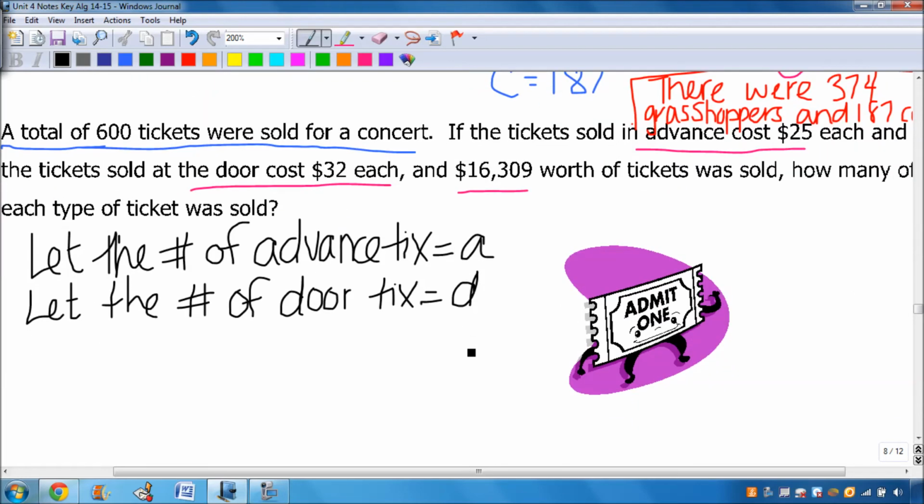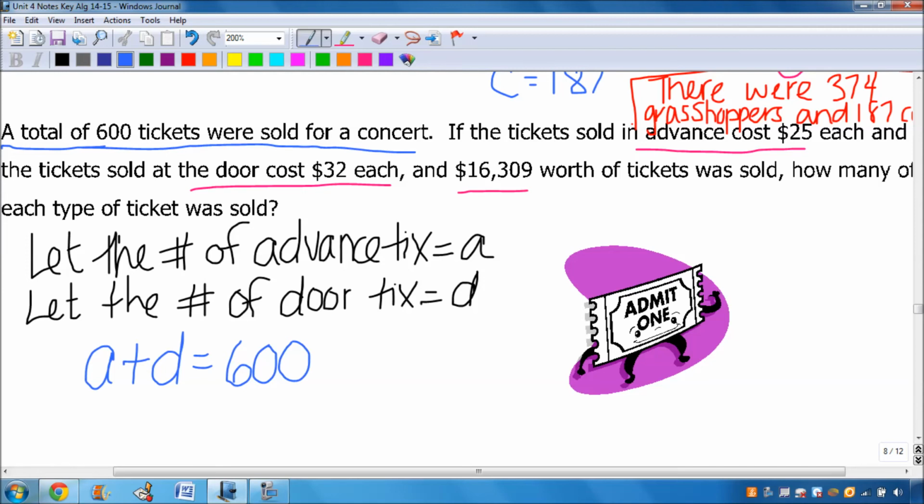And then it says a total of 600 tickets were sold for a concert. So that means that the number of advance tickets and the number of door tickets add up to 600. So if I were to write that as an equation, I would say A plus D equals 600. Okay? And then my other equation would be based on the price. So the tickets sold in advance cost $25 each.